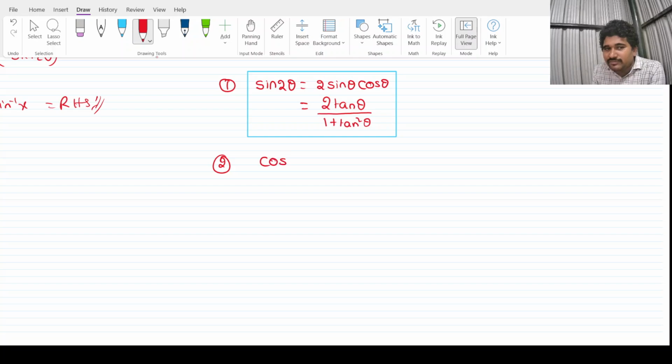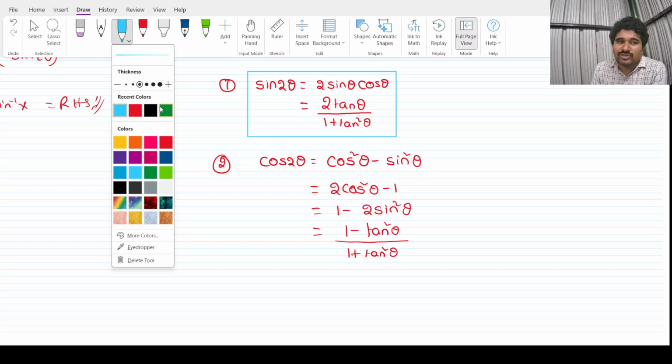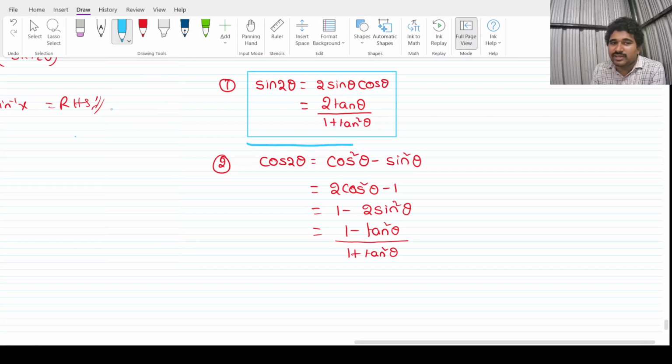Cos 2 theta is equal to cos square theta minus sine square theta, or else 2 cos square theta minus 1, or else 1 minus 2 sine square theta, or else 1 minus tan square theta by 1 plus tan square theta. You have to remember these also.